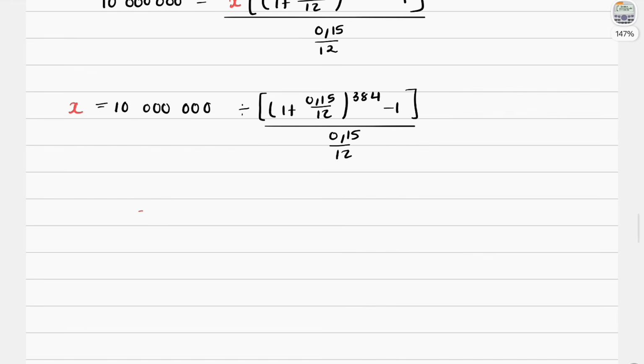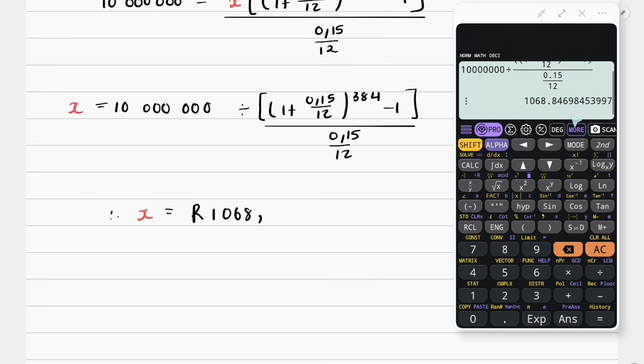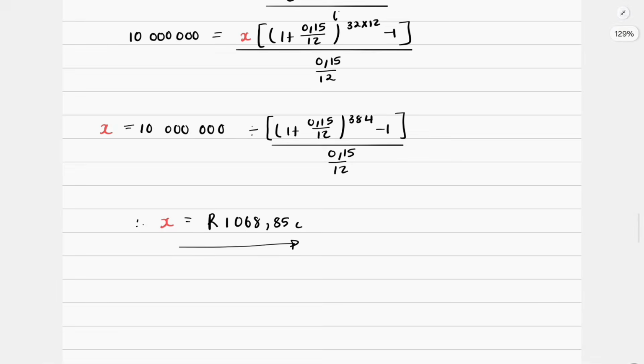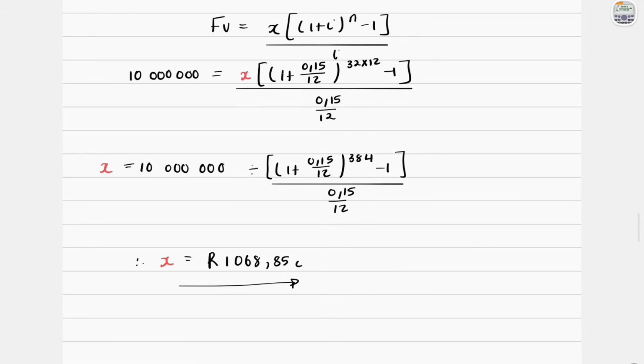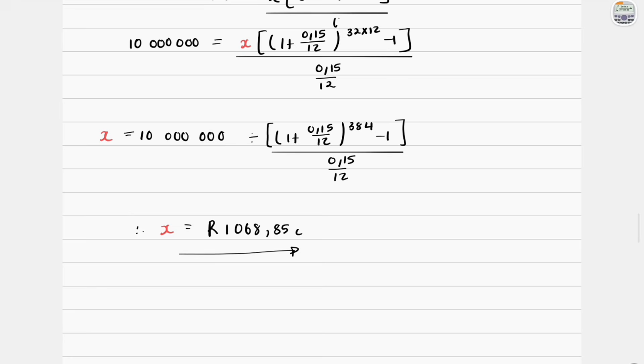So finally, X is equal to, and when we put that into the calculator, you're going to get 1,068 Rand, and that 6 is going to round the 4 up to a 5, so 0.85 cents. That is the amount that she has to save every month in order to accumulate this to 10 million rands.